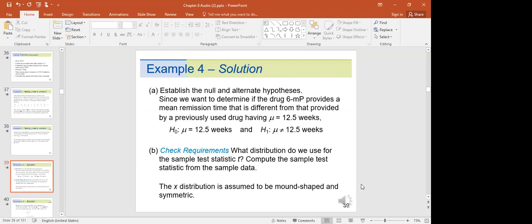So now the first question is, what distribution do we use for the sample test statistic? Because the standard deviation of the population is not provided, we will use the t-distribution. So you press Start on your calculator and then use option 2, which is T-Test.